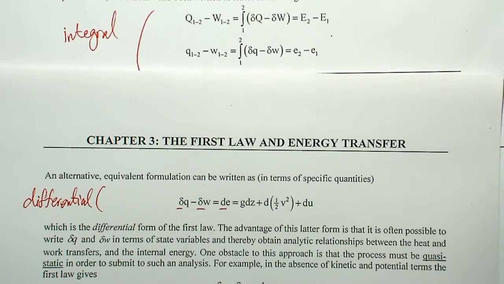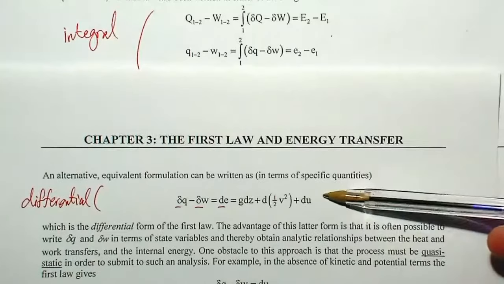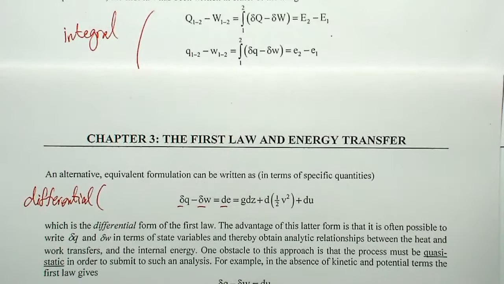When you have, for example, certain values, or if you have state variables, and you want to solve that problem using analytical solutions, so you actually want to evaluate the value of work and heat, etc., in simple problems, this format is actually a lot better and a lot easier than the integral form.